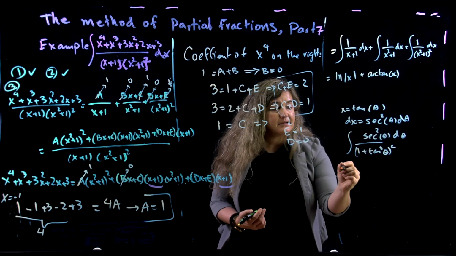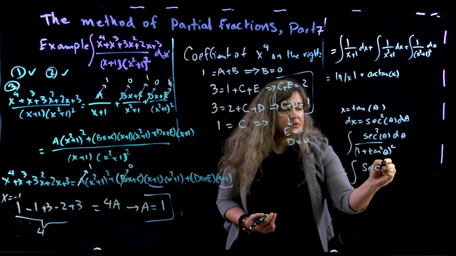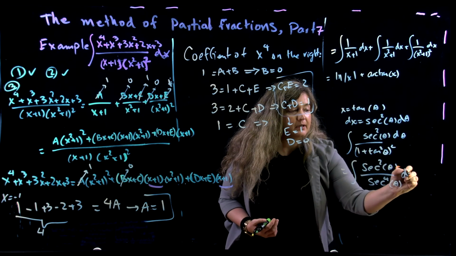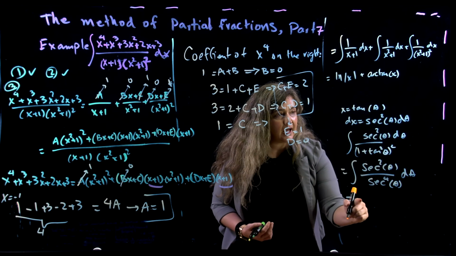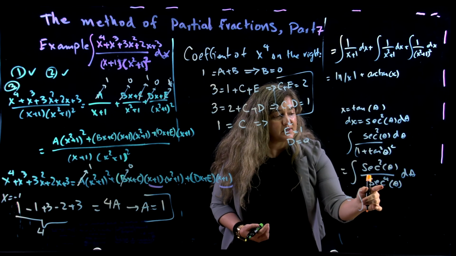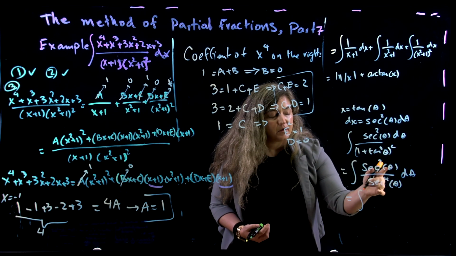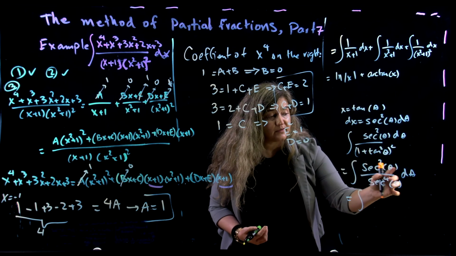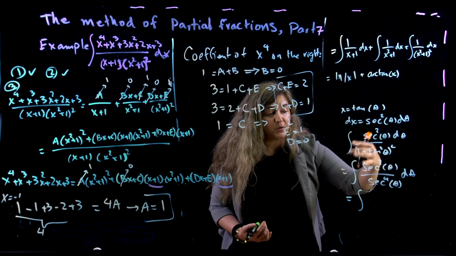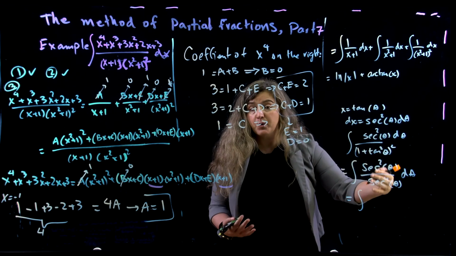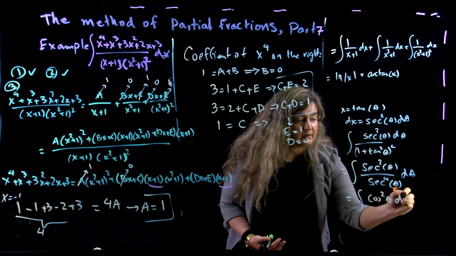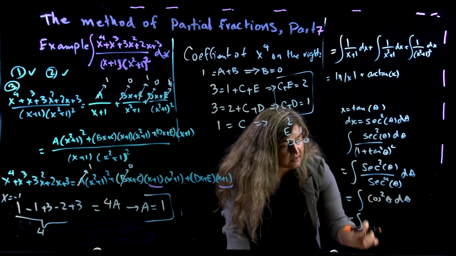So replacing that, I get secant to the 4th of theta in the denominator. Simplify, and secant squared and secant to the 4th of theta simplify, and what I get is the reciprocal of secant squared, which is cosine squared theta d theta.